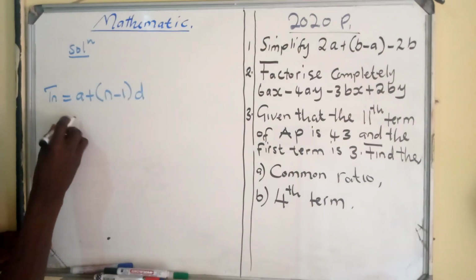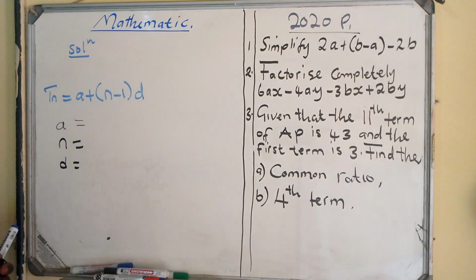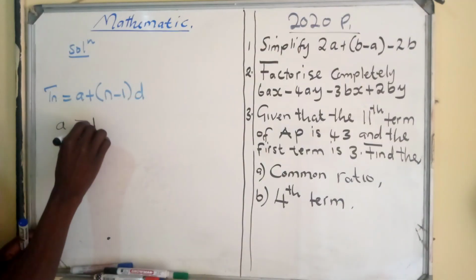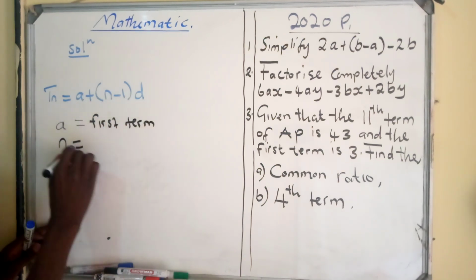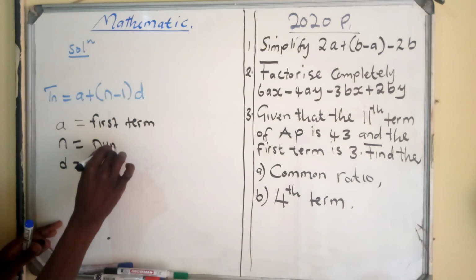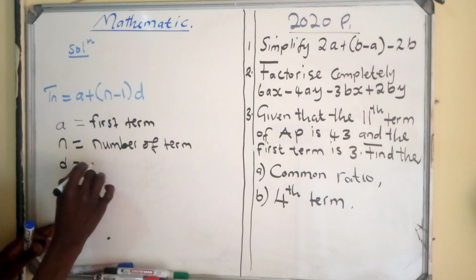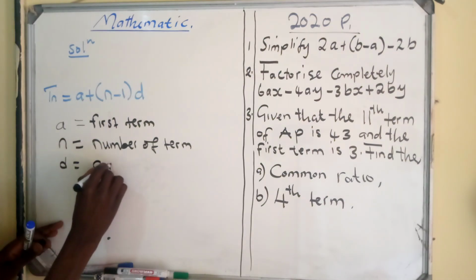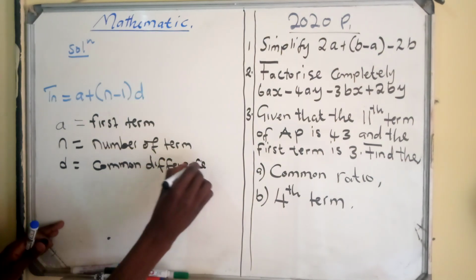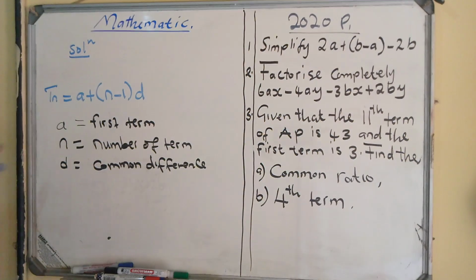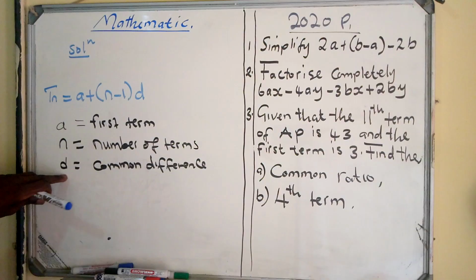You need to know what a stands for, you need to know the n, you need to know the d. Okay, so the a stands for first term, and then n is any number of terms, and then d is common difference. Okay, so you need to know this.